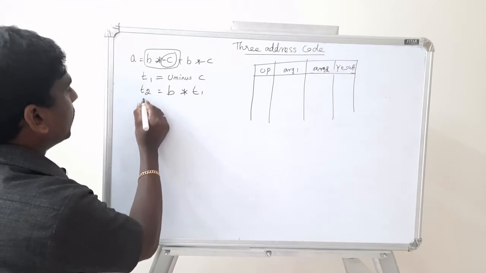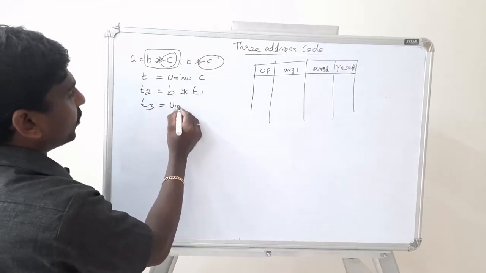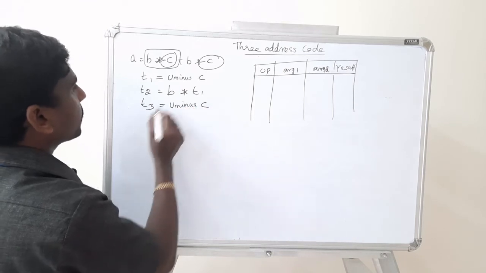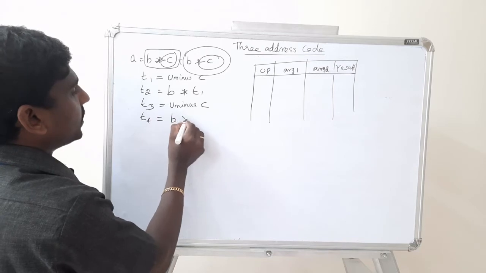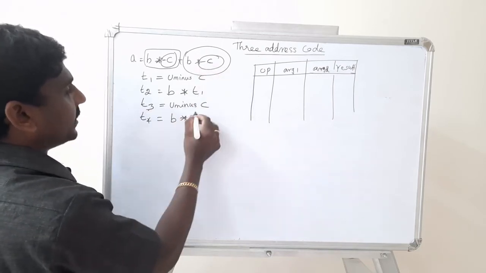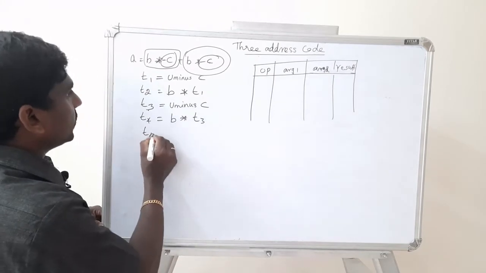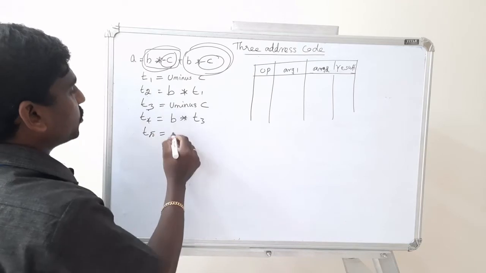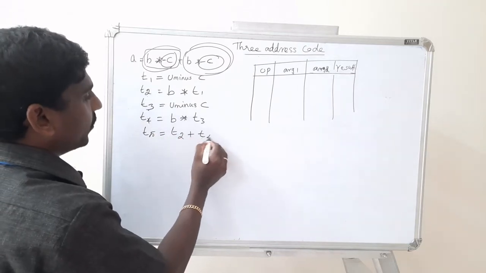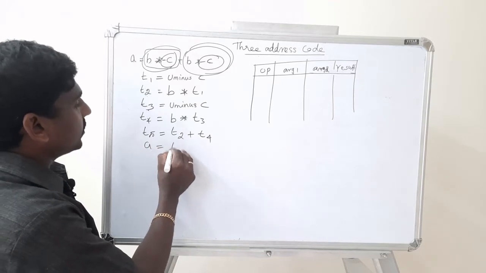And T3 equal to unary minus C. Again T4 equal to B star, this minus C is present in T3. Clear? And T5 equal to this one plus this one, so T2 plus T4, and A equal to T5.